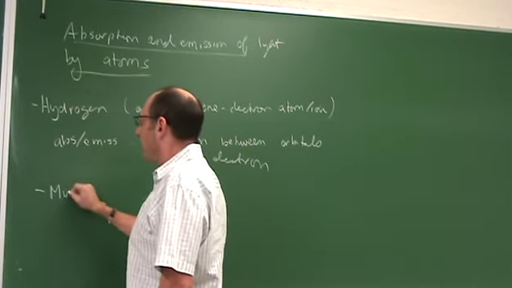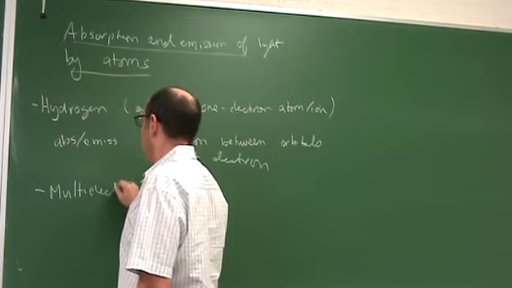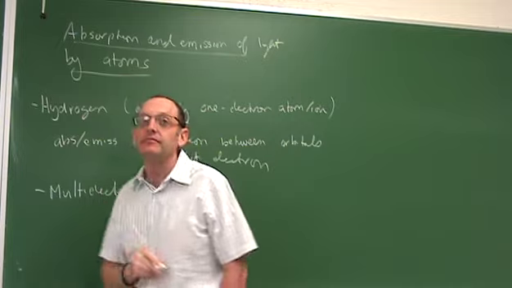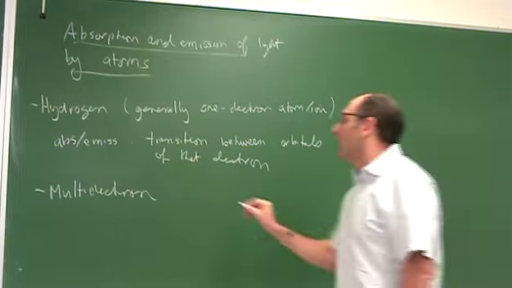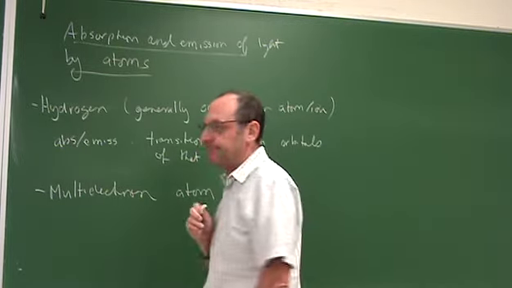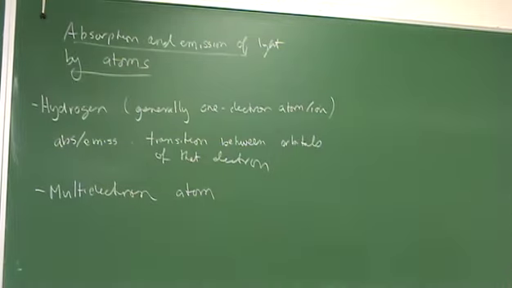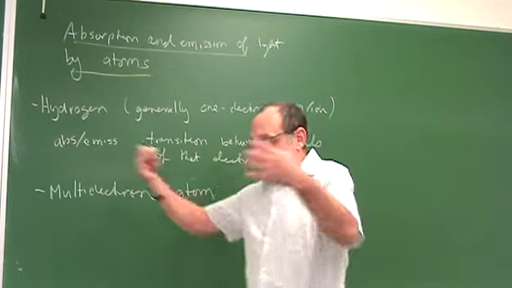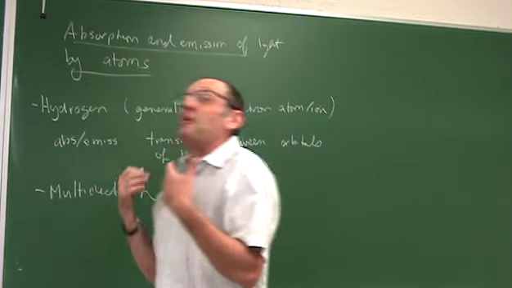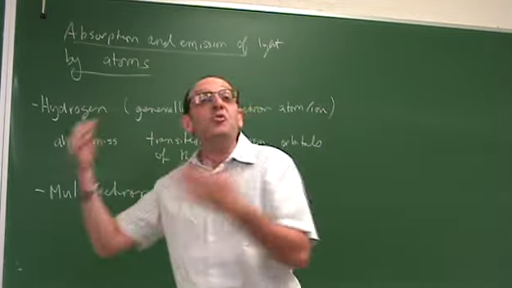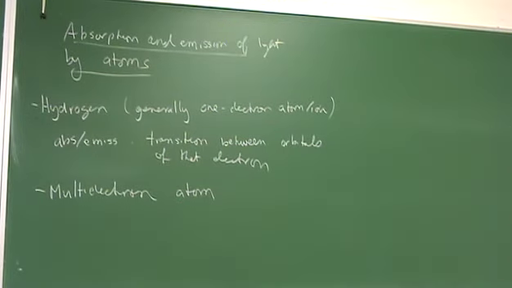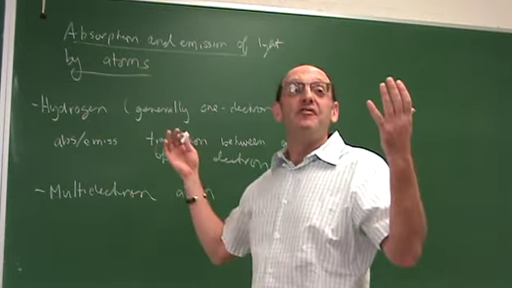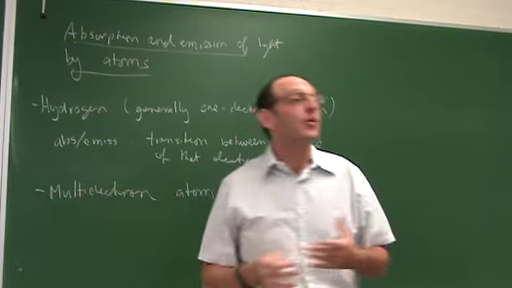But if I start thinking about multi-electron atoms, like rubidium, well, how shall I think about that? I have lots of electrons in that case. And for the excitation, in general, one might have to consider a new mean field approximation in terms of how all of the electrons are adjusting themselves when I now have a photon in the problem, in addition to the Coulomb interaction.